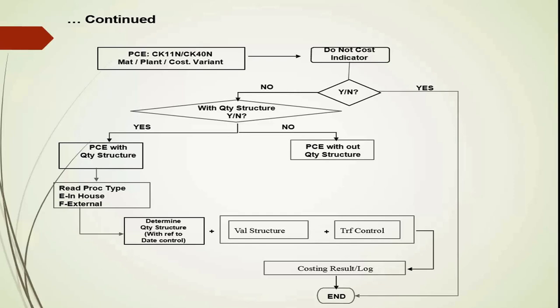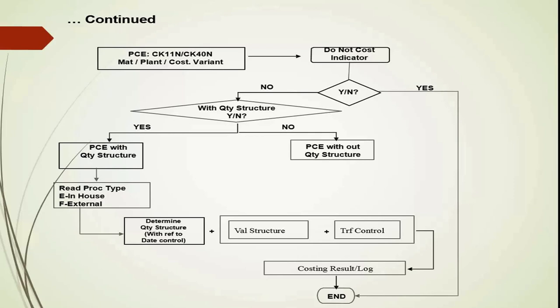Whatever activities or bill of material were attached on that date, it will consider as the cost estimate. If you want that date to be today, it will consider whatever you have defined in bill of material and routing on that date as the quantity structure date. Plus you need to have value structure, and you need to have transfer control specified.